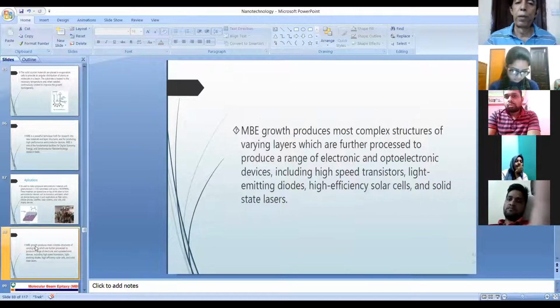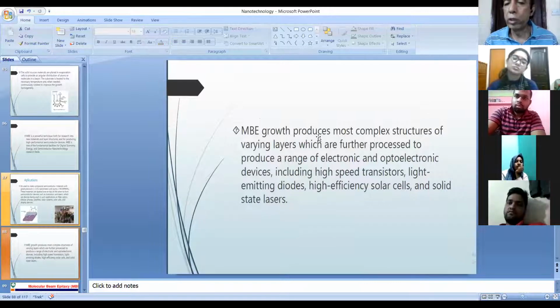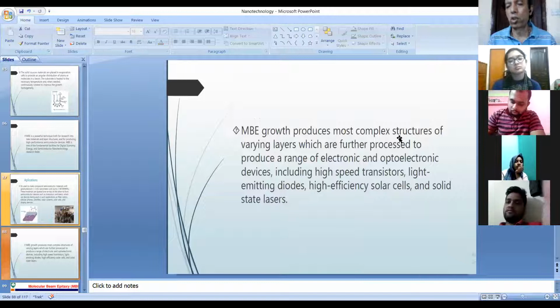So molecular beam epitaxy growth produces most complex structures of varying layers. You can vary the layers of thin films.